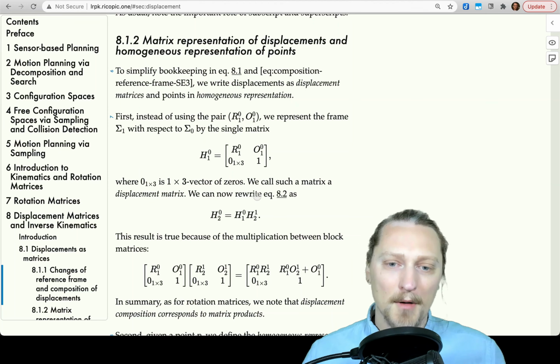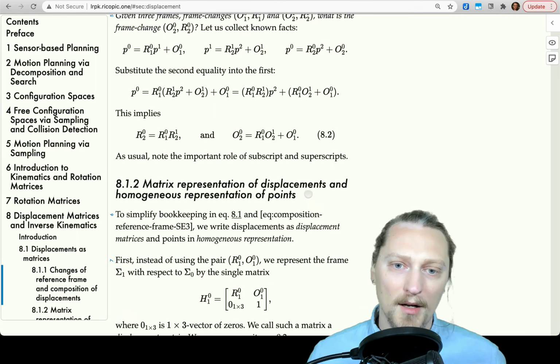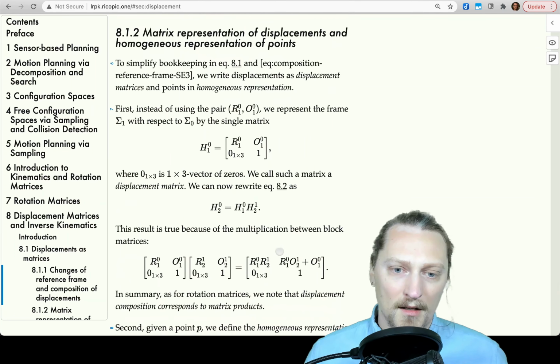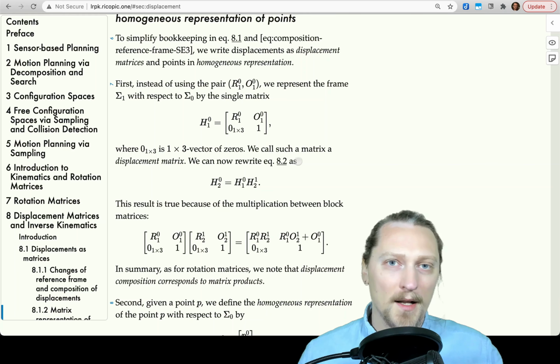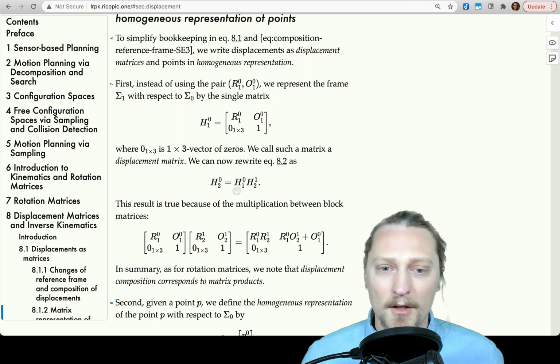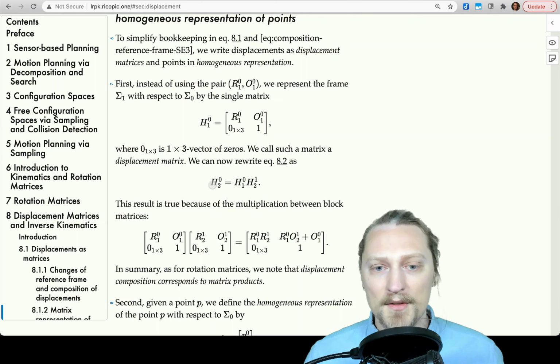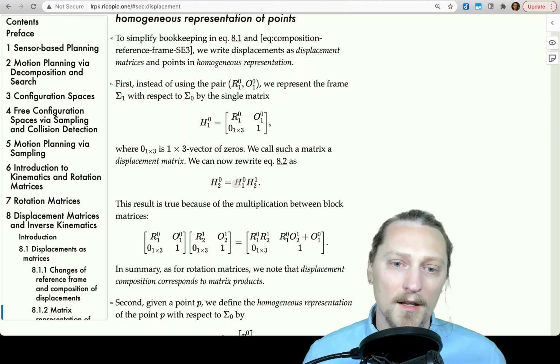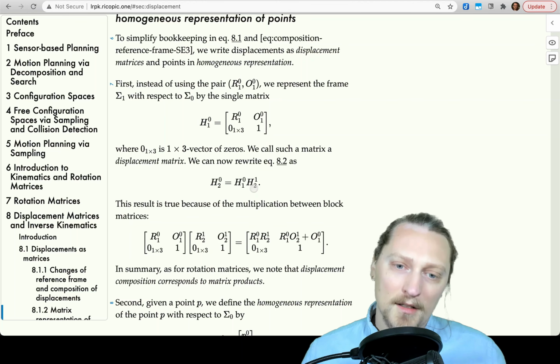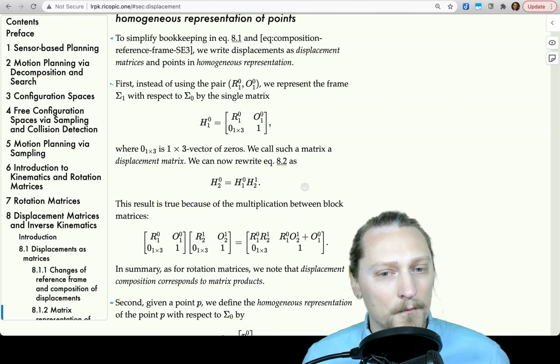We can now rewrite equation 8.2 above, so this guy again, as instead of having two expressions where we're rotating and then translating, we are now going to write it as a single matrix multiplication, where we say H2 with respect to frame 0 is H1 with respect to 0 times H2 with respect to 1.